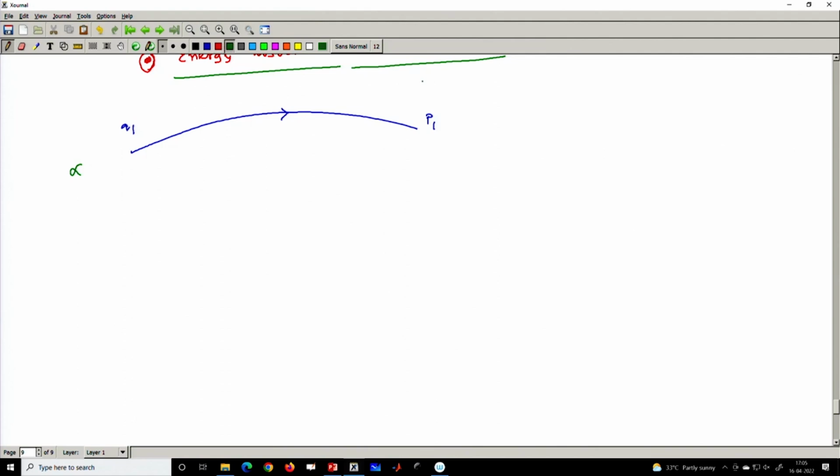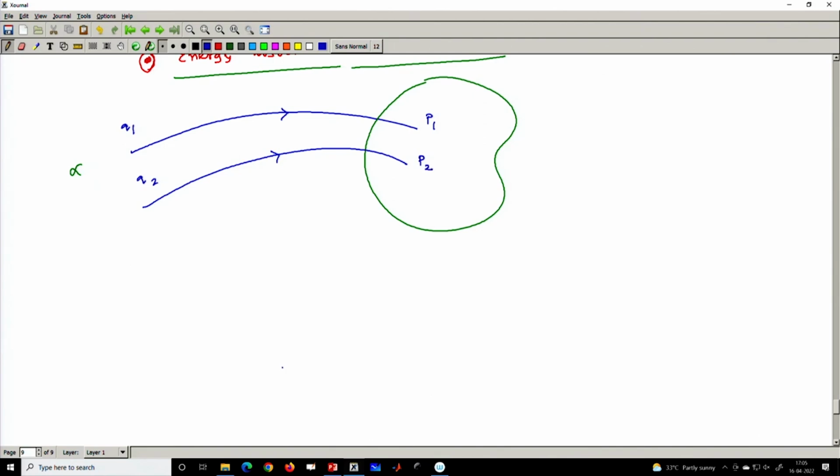So, this is the domain where I bring all the charged particles. Then I do the same thing for another charged particle q2, and I bring this charged particle Q2 to P2.